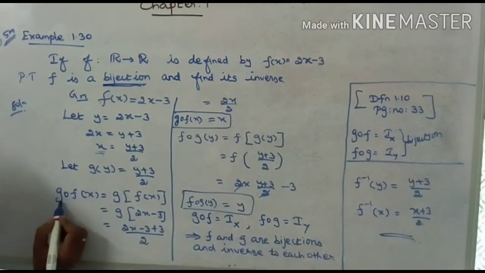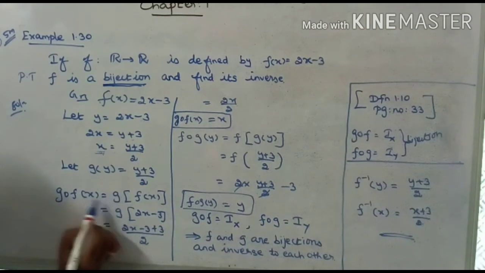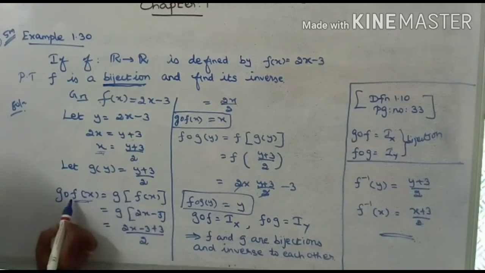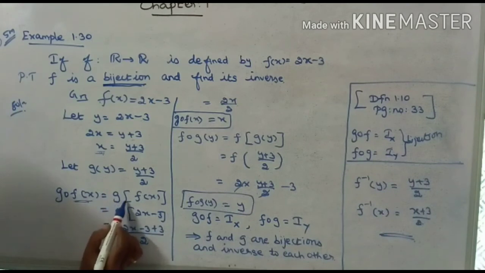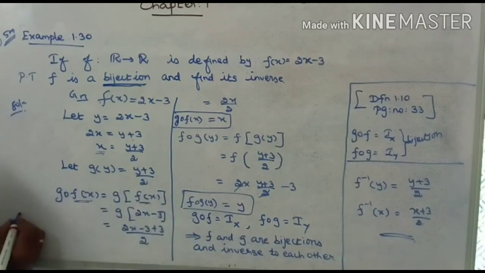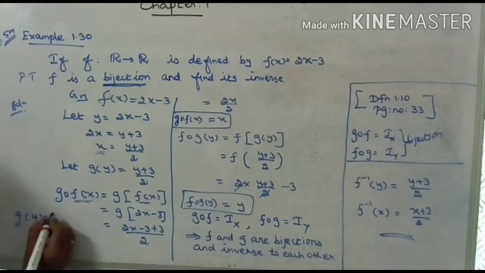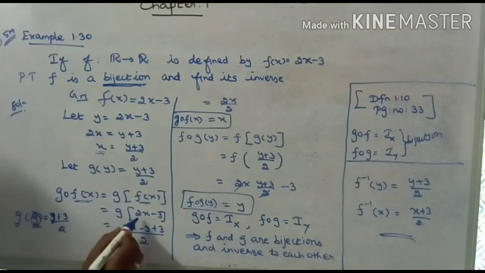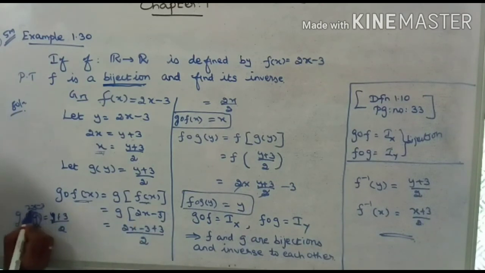So f composite with g of x equal to, by this definition, write it as g of f of x. We already know the value of f of x is 2x minus 3. So in this f of x place you substitute 2x minus 3. But g of y is y plus 3 by 2, so in this y place you substitute 2x minus 3.